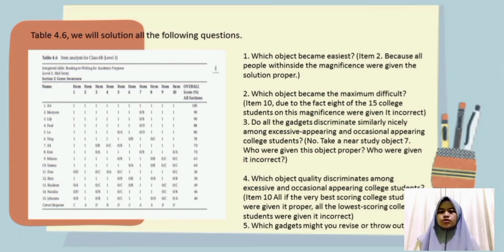So, from this table we can answer all the following questions: first, which object was easiest; second, which object was the most difficult; do all the objects discriminate similarly well among high performing and low performing students; who got this object right; which object best discriminates among high and low performing students; and the last is which objects would you revise or throw out.